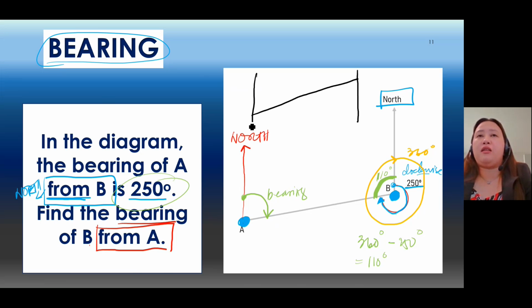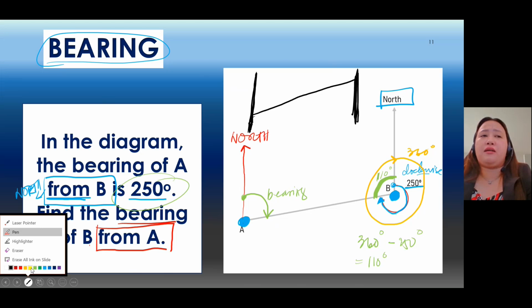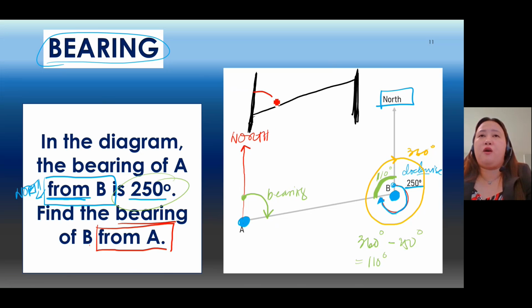In alternate interior angles, if you have two lines and then a diagonal, and for example an angle R here, opposite it will also be angle R. It means that both have the same measurement. Next, if you have an angle S here, opposite of it you also have angle S.